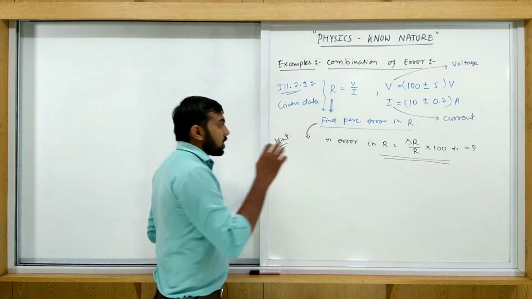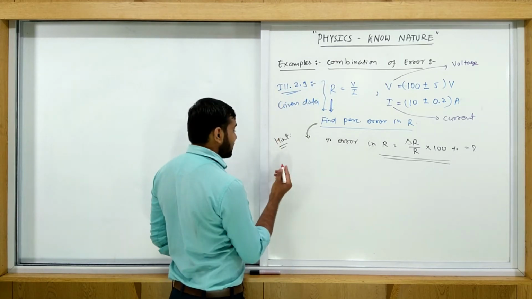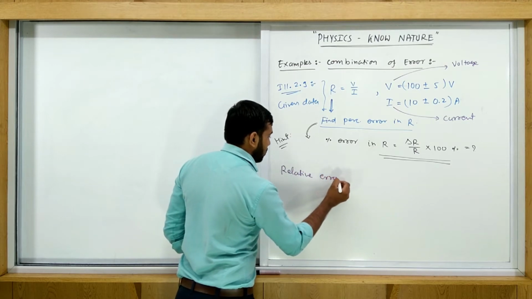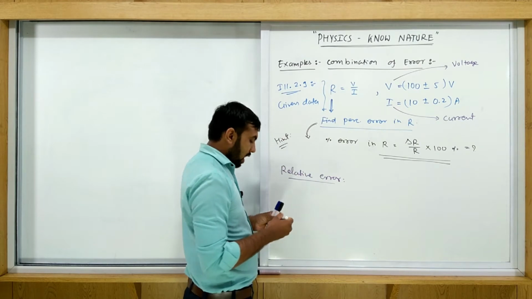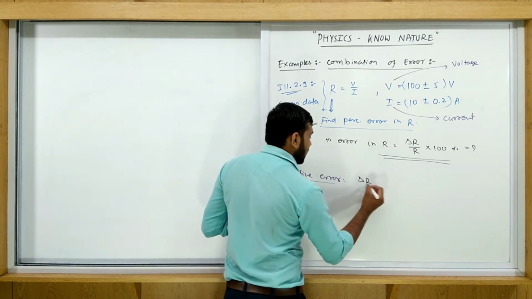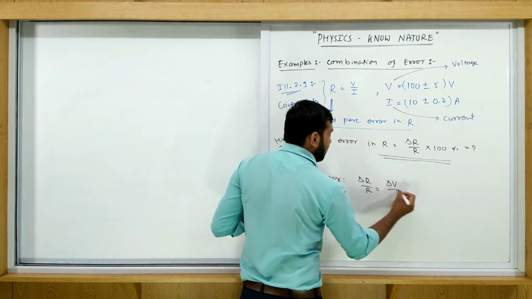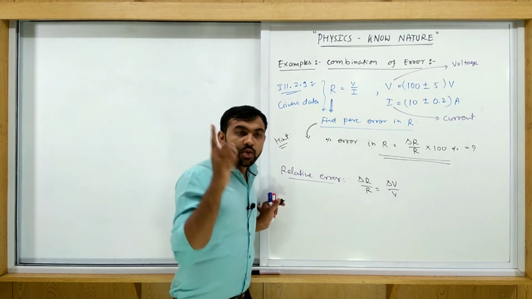So what is the relative error in case of division? Let's write the relative error in case of division, V upon I. So relative error is equal to delta R upon R is equal to, first quantity V, delta V upon V. Always we use the positive sign.